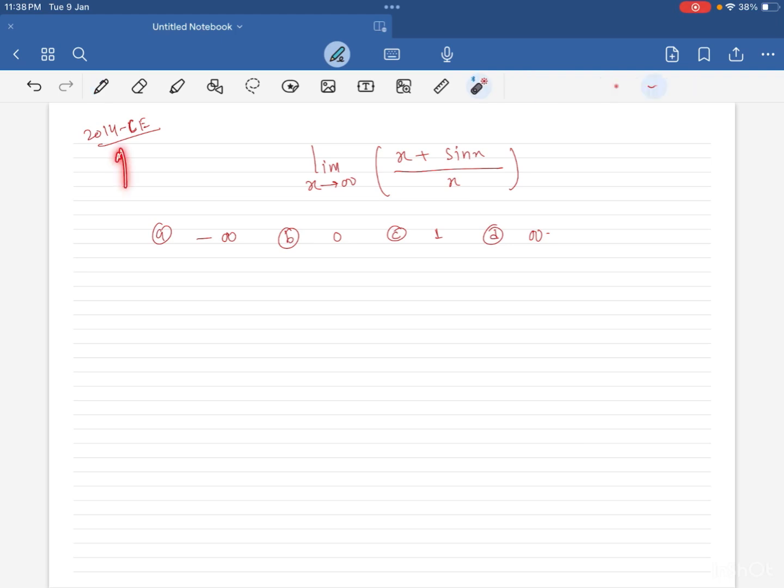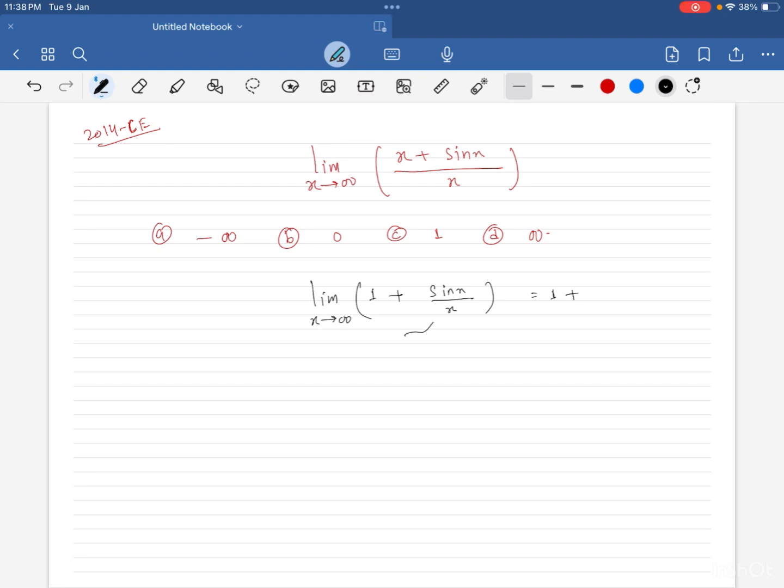So this question is from 2014 CE. We have to evaluate this limit. What we can do is divide by x, so that is going to be 1 plus sin x divided by x, with limit x tends to infinity. So that is going to be 1 plus the limit x tends to infinity of sin x by x.